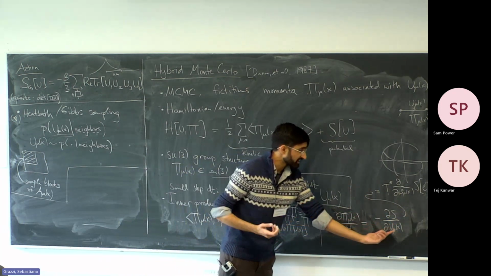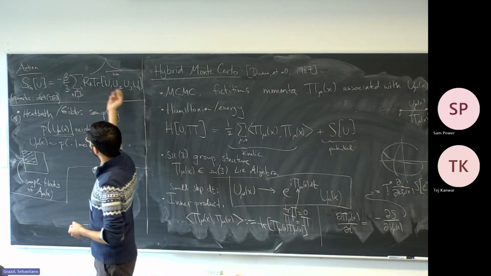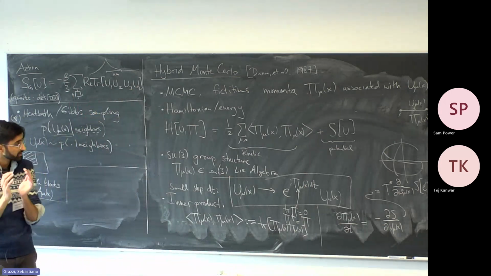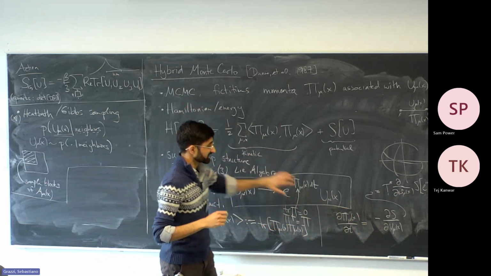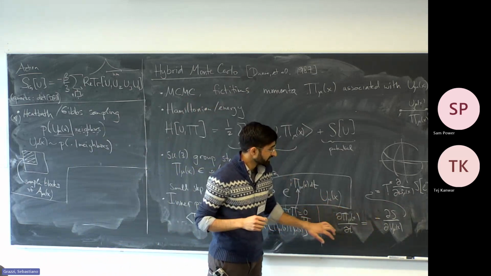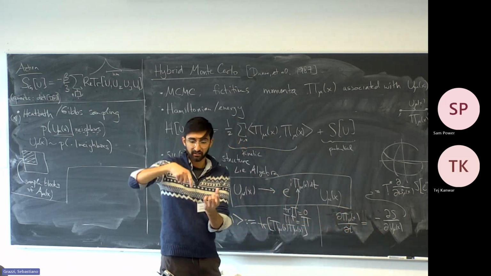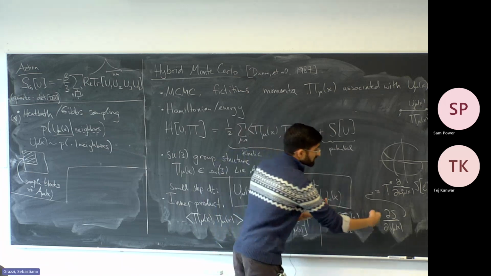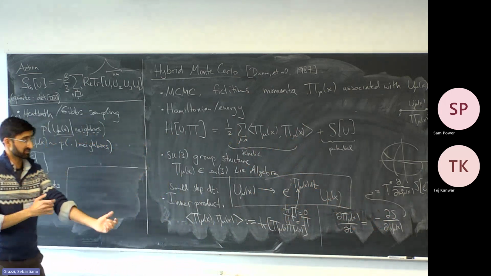Now if this action was local in the same way as we had looked at before, if we restricted it to just the gluons, so it really is truly local, then the forces here, in this fictitious Hamiltonian sense, the forces that update the momenta are really only going to depend on terms of the action that are functions of links near the link that the momentum is associated with.